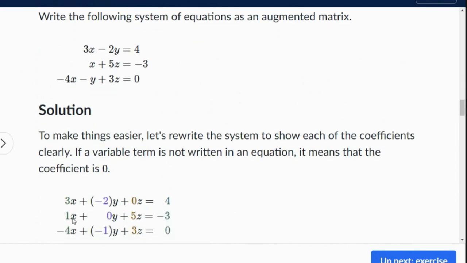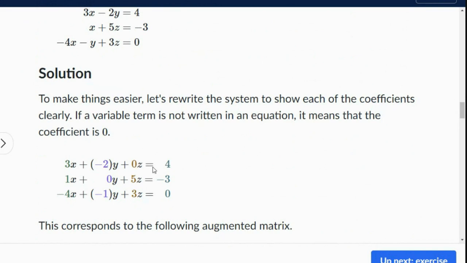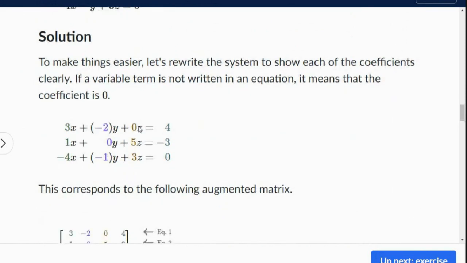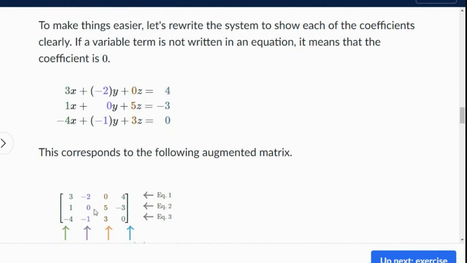So if we rewrote those to put in the x's, y's and z's that are missing, this is what our matrix is going to look like. 3, -2, 0, and 4. 1, 0, 5, and -3, because we just had x plus 5z equals -3. So x, skip the y's, plus 5z's equals -3. And then -4, -1, 3, and 0.